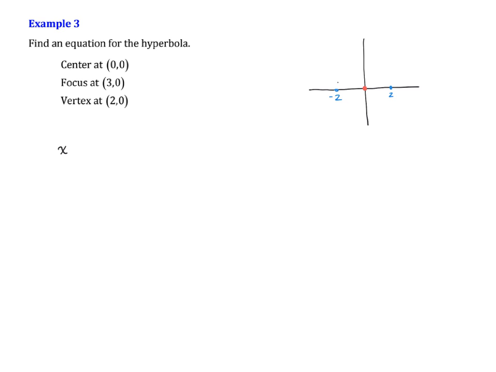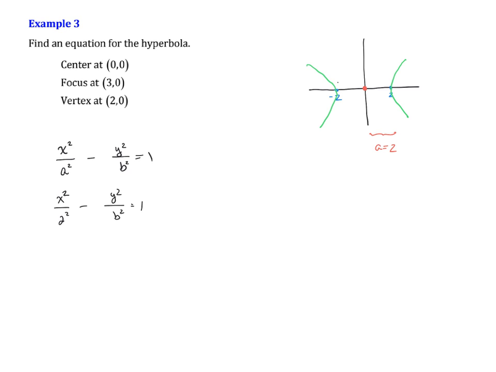So we automatically know that we have x squared over a squared minus y squared over b squared equals 1. Now, what's a? It's the distance to those vertices from the center. So a equals 2. So this means x squared over 2 squared minus y squared over b squared equals 1.